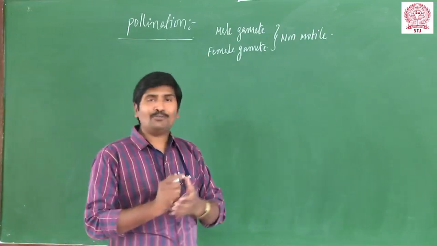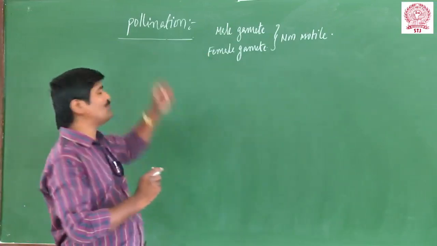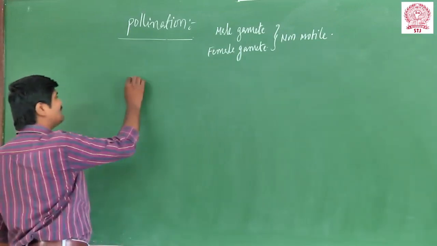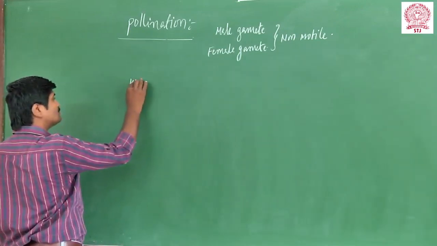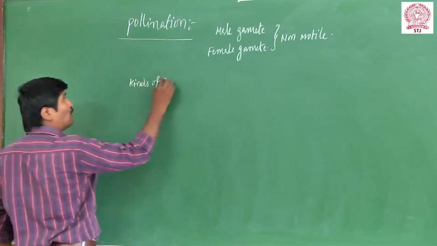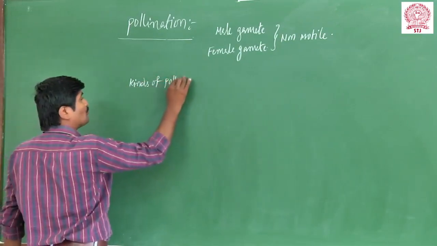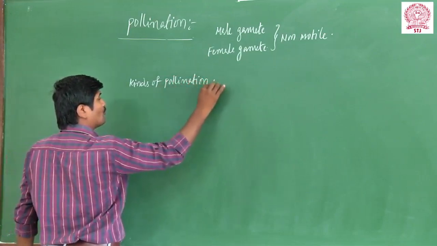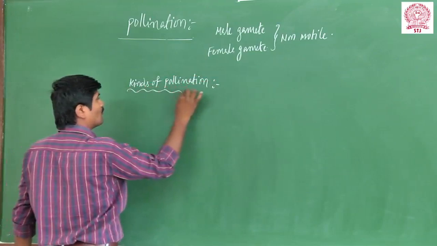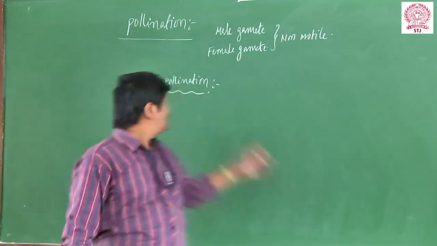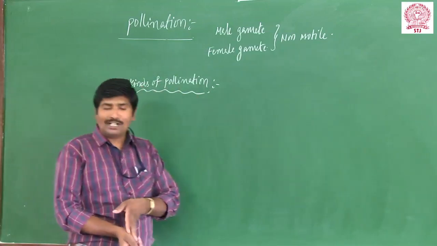Okay, so in flowering plants, how many kinds of pollination take place? These are the kinds of pollination.